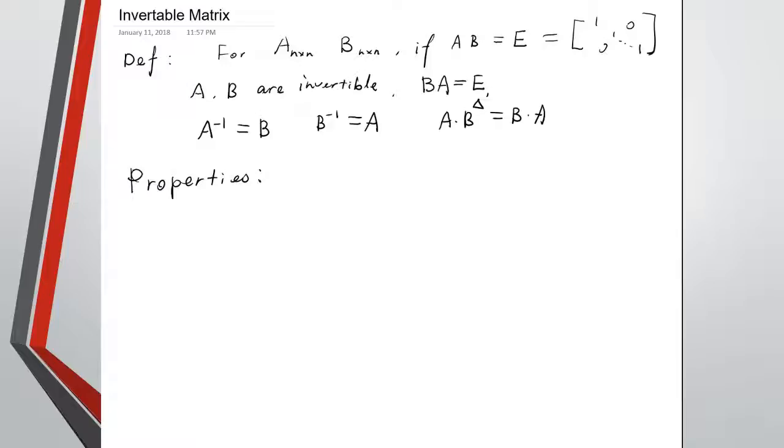Okay, so the first one is about this. We have the inverse matrix of A, and we do another inverse operation. So what's going to happen? Yes, that's very easy. You can see that it will become A again.